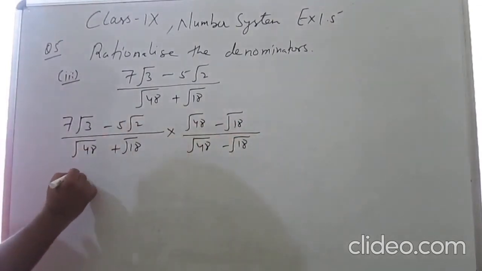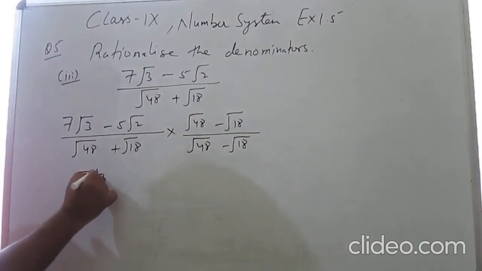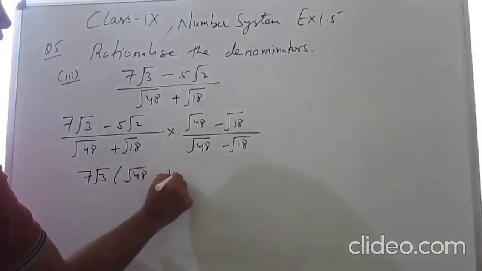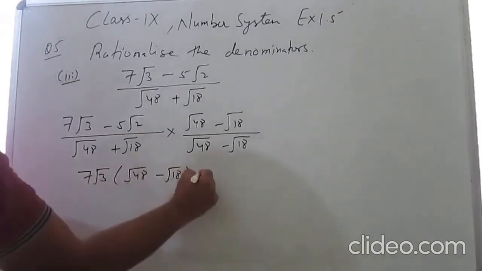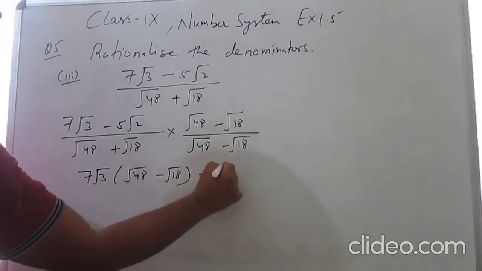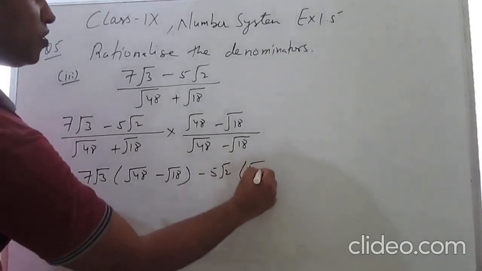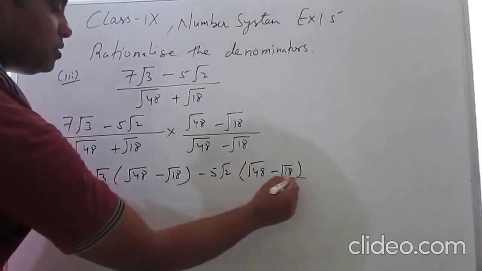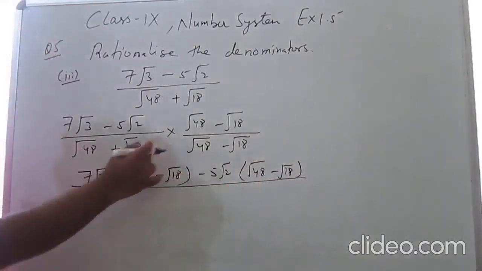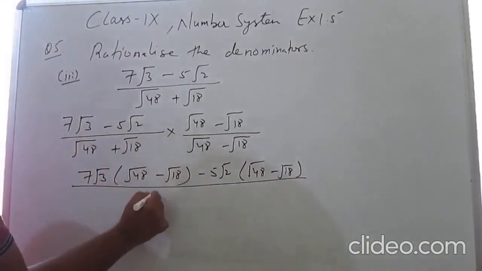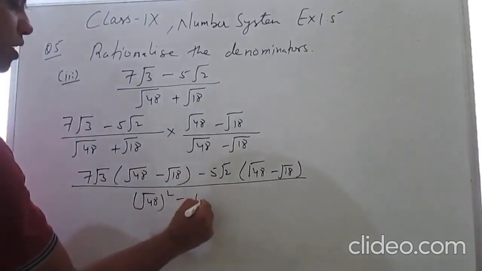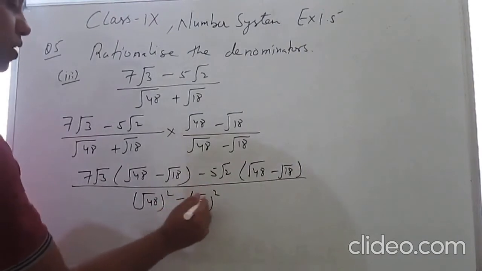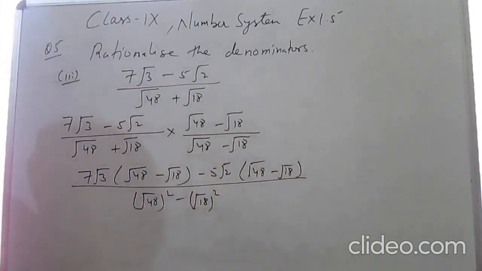See here, 7 root 3 multiplied by root 48 minus root 18, minus 5 root 2 multiplied by root 48 minus root 18, upon, in the denominator you can use the identity root 48 whole square minus root 18 whole square.